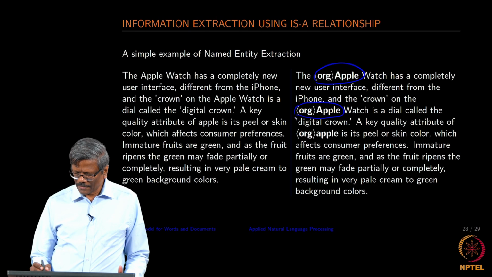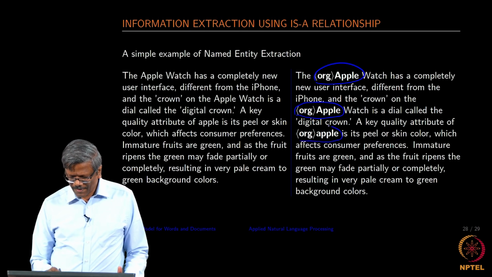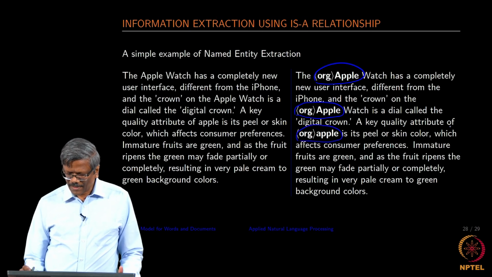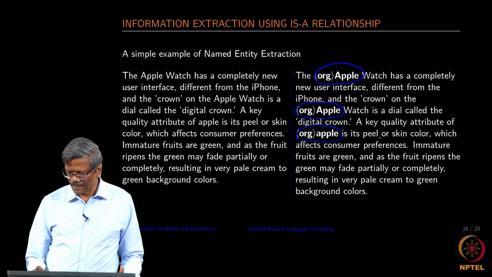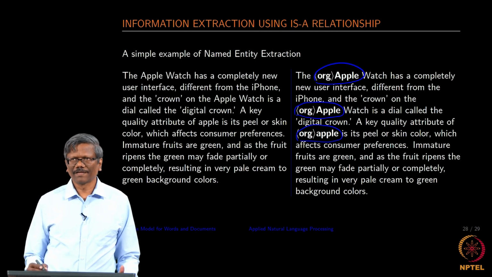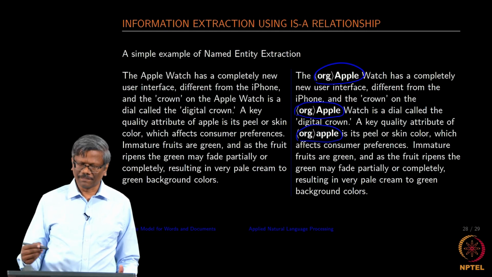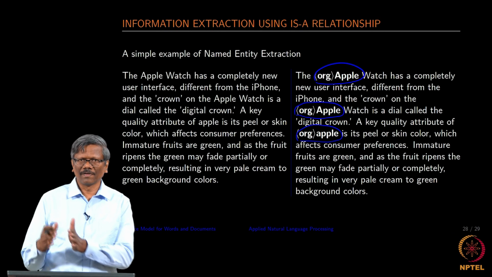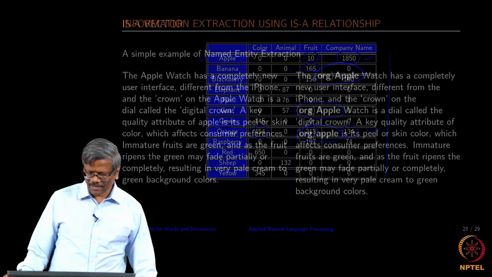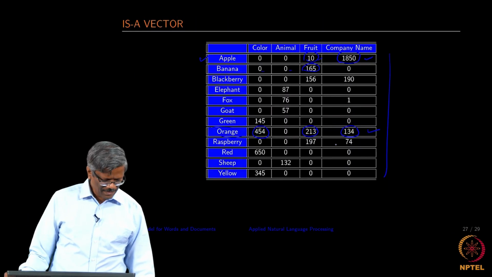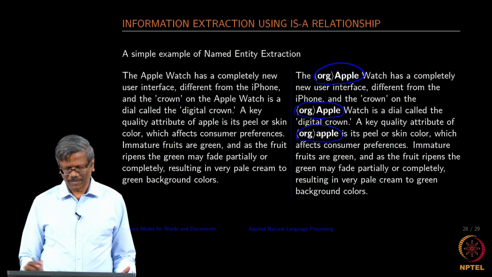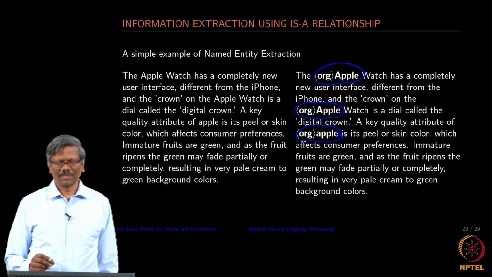And then if you look at the marking here, a key quality attribute of Apple is its peel or skin color. Definitely we know that it is not related to the company Apple, but because the frequency of occurrence of Apple is more in that particular vector, it marked this as Apple. So, this is a wrong classification, but it is fine.